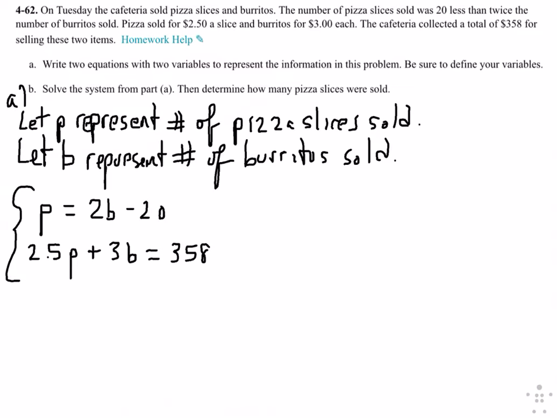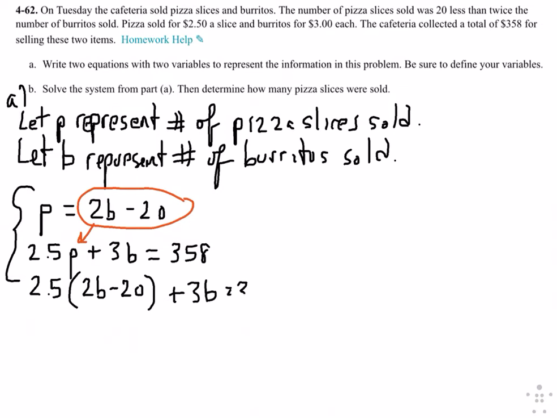So I would say that the way these are set up, I could just easily substitute that right in there and use substitution. So I'm going to do that. So 2.5 times P, but instead it's 2B minus 20, plus 3B equals 358. So 2.5 times 2 is 5B. 2.5 times 20 is 50, minus 50, right?